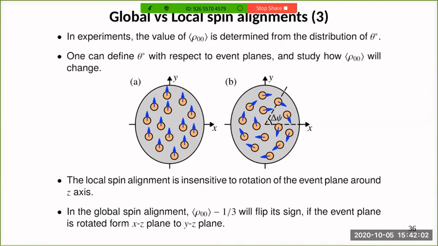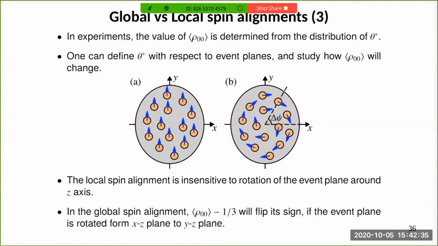And in this local spin alignment scenario, because this system has a rotation symmetry around the z axis, the local spin alignment is insensitive to rotation of the event plane around the z axis, which means rho 0,0 will not change if you rotate the event plane in the transverse plane.